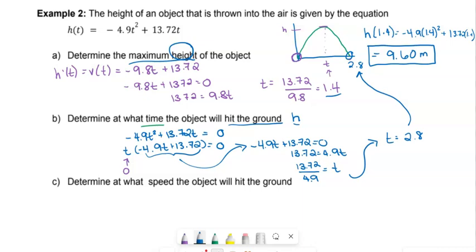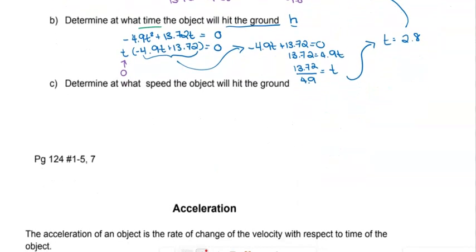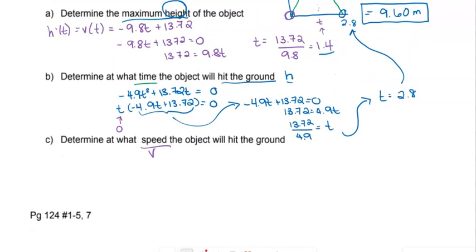Okay, last question. I want to know, what is the speed at which the object hits the ground? Well, speed is another word for velocity. So this is a velocity question. So I'm going to use my velocity function, which is negative 9.8t plus 13.72.